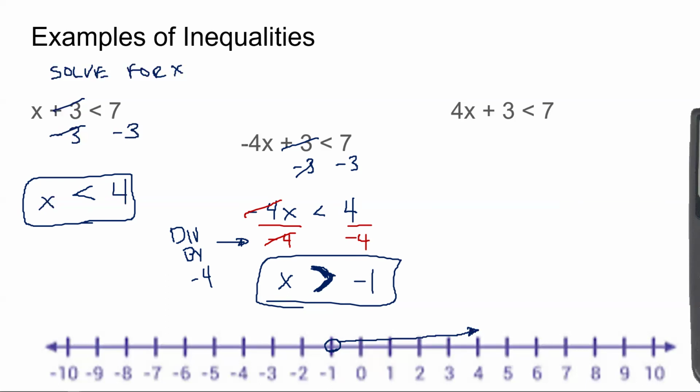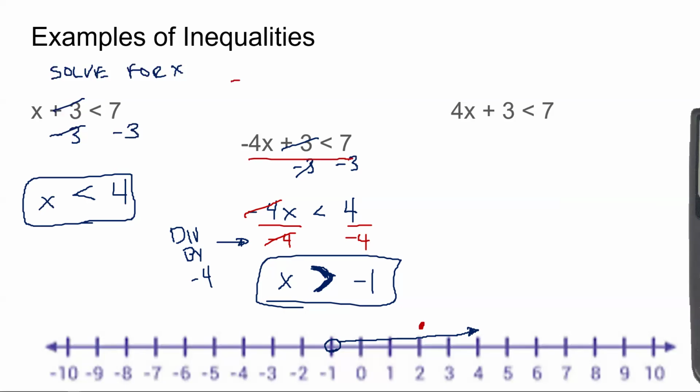Okay. Just as a little sanity check here, let's pick a couple numbers and make sure that we understand why that thing had to turn around. We're saying that 2 should make this statement up here true.